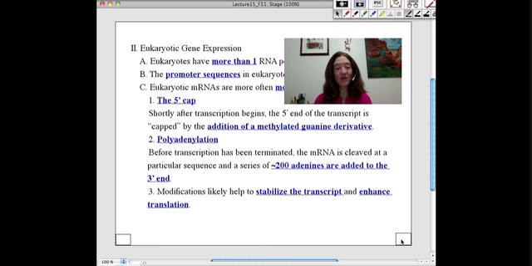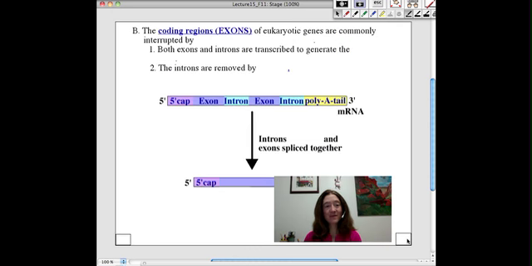So we'll go ahead and write that down. This is also very rare to see in prokaryotic cells. We usually don't see it except for in a few exceptions. There are some archaea and some cyanobacteria that have introns and exons, but for the most part this typifies eukaryotic cells.